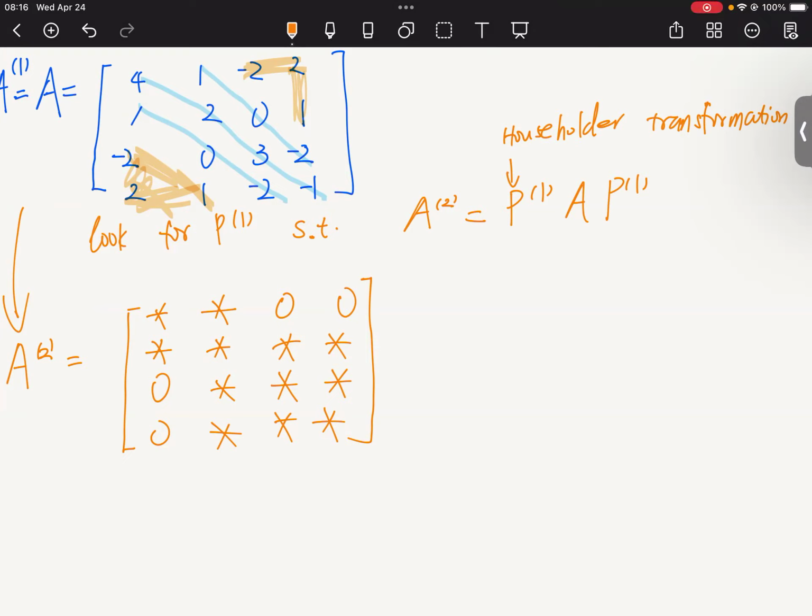So let me just write out the definitions, the goal for A2. And then we look for this transformation, which zeroes out the entries in the first column, beginning with the third row.